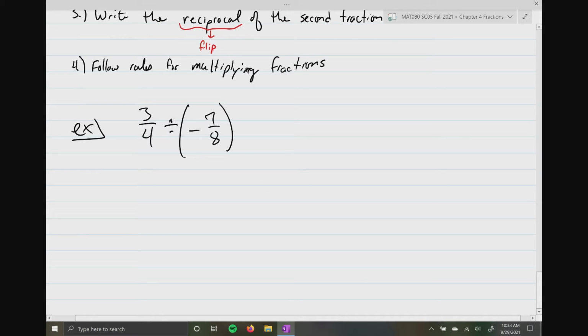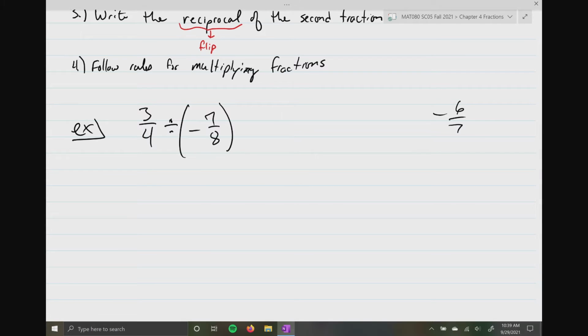Would it be negative 6 over 7? Sure. I didn't do the problem yet. Let's see if you're right, Robert. I'll write negative 6 over 7. Did anybody else get negative 6 over 7 like Robert? Me too. Perfect. All right, let's do it.